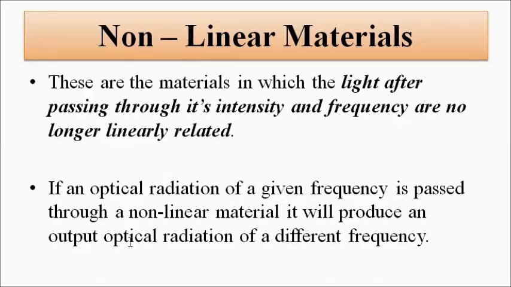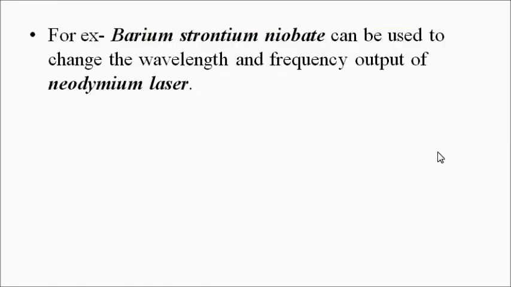For example, let's say an optical radiation of a given frequency is passed through a non-linear material. The radiation at the output will have a different frequency, which will be non-linear with respect to the input intensity. An example of a non-linear material is barium strontium niobate.